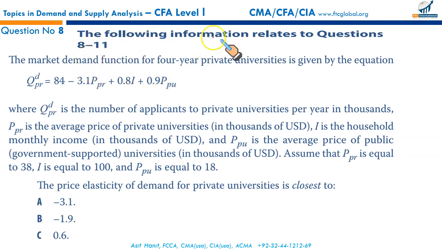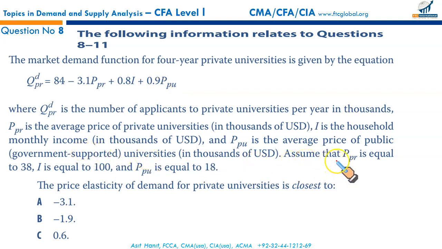The market demand. The following information relates to questions 8 to 11. The market demand function for 4-year private universities is given by the equation: quantity demanded, where QDPR represents the number of applicants to private universities per year, is equal to 84 minus 3.1 PR, that's the average price of private universities, plus 0.8 I, where I is the household monthly income in thousands of US dollars, plus 0.9 PU, that is the average price of public or government supported universities.